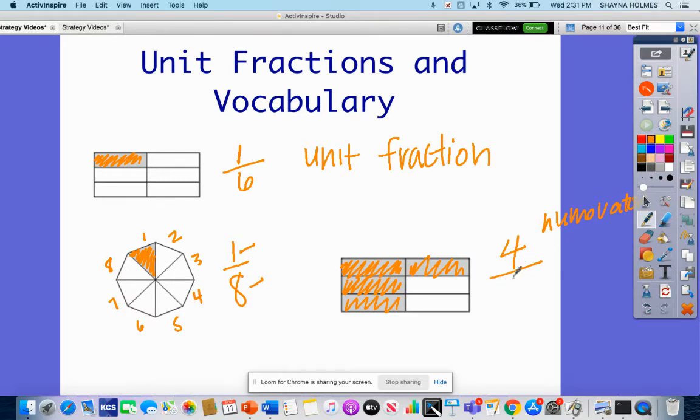And then we have 6 as our denominator, which is the whole, it makes up the whole thing. This is not a unit fraction because it doesn't represent one piece out of the whole. This represents 4 pieces out of the whole. So this one's not a unit fraction. Okay, let's look at some other strategies.